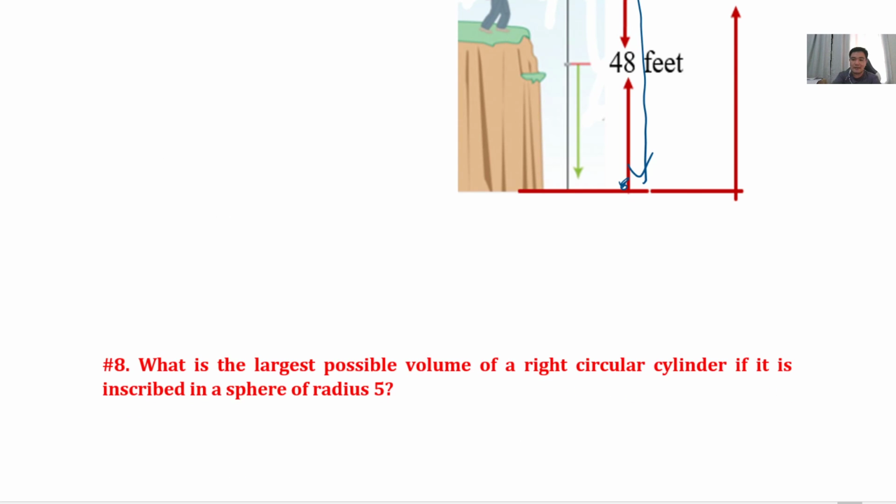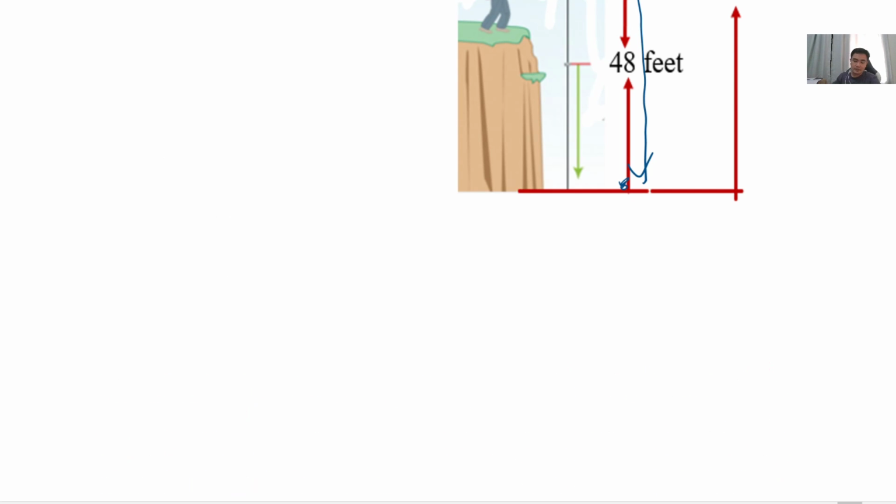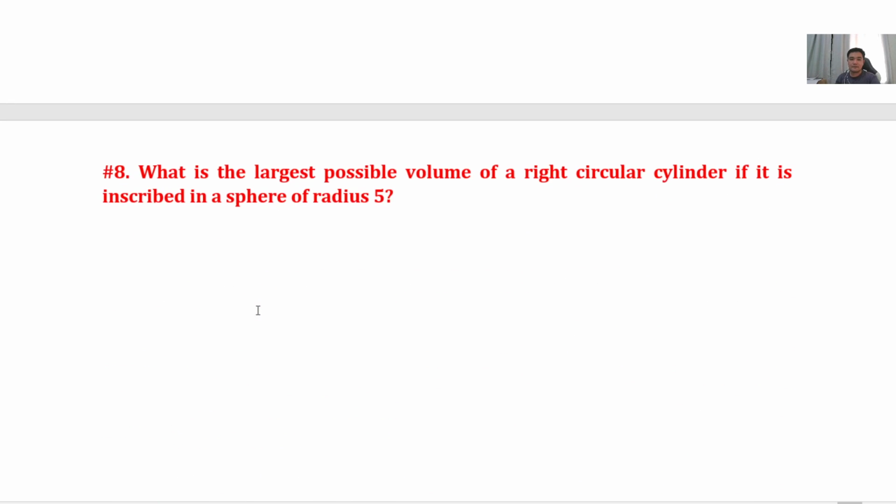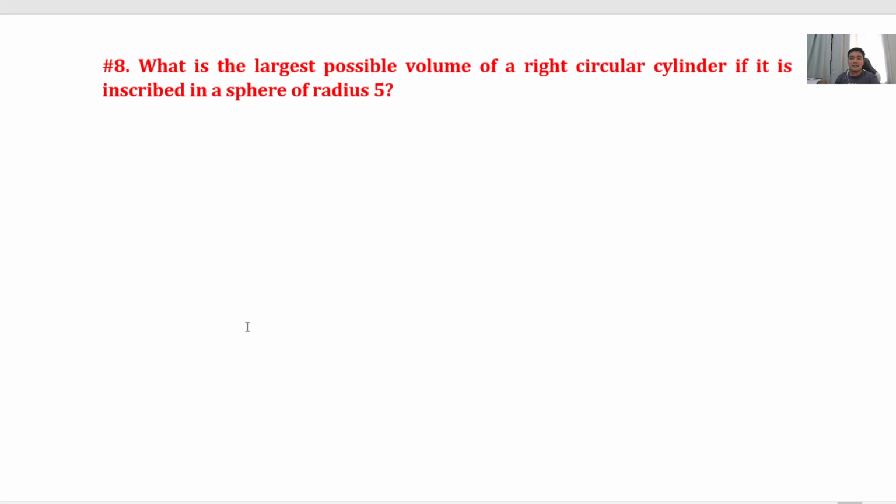Next, last problem. Wait lang, solve natin siya sa the other sheet. Okay? Ito naman, geometry. So, what is the largest possible volume of a right circular cylinder if it is inscribed in a sphere of radius 5?